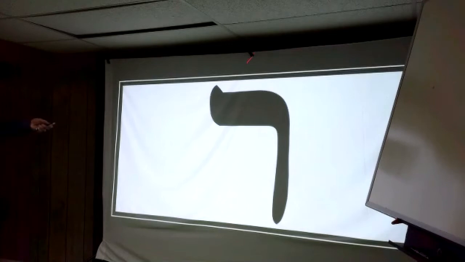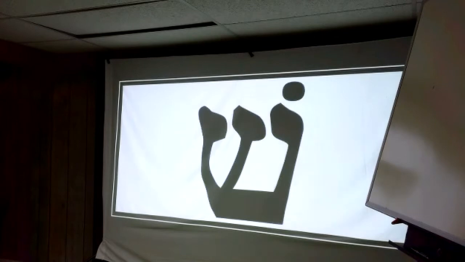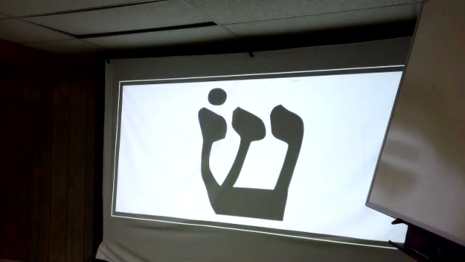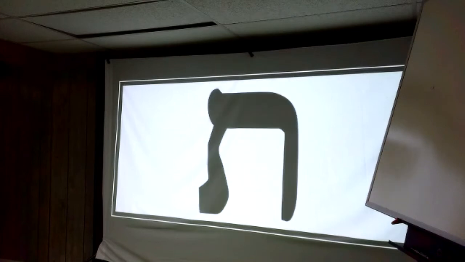The resh is going to have that little, kind of more rounded corner up there. I don't know if you can have a rounded corner, but anyway, rounded, I guess you can. All right, then we got shin, sin, and tav. All right.